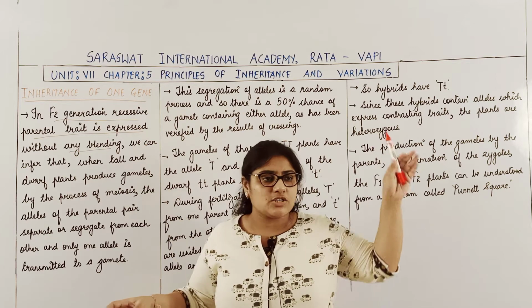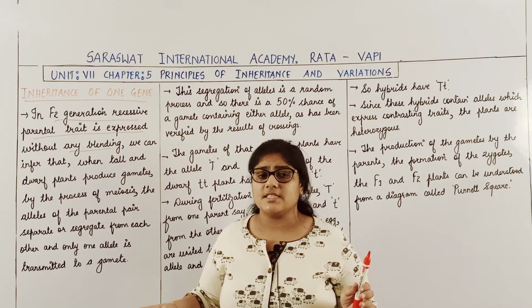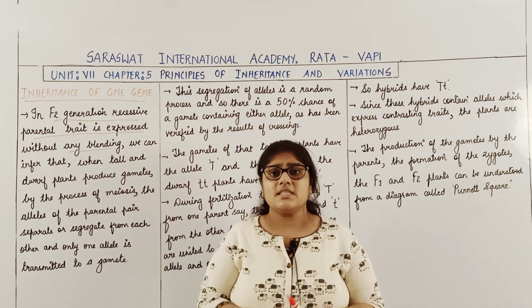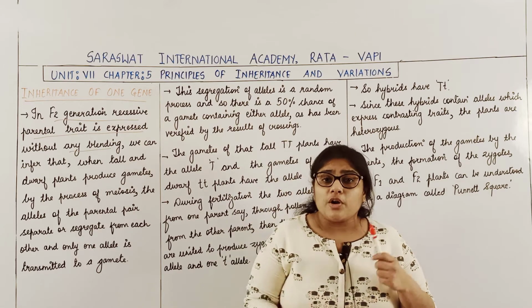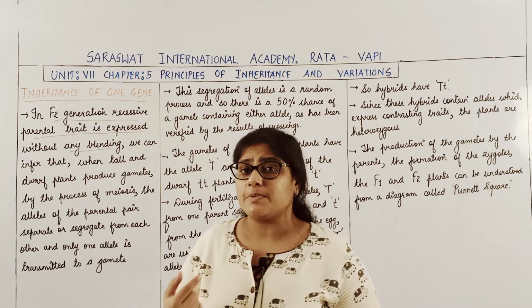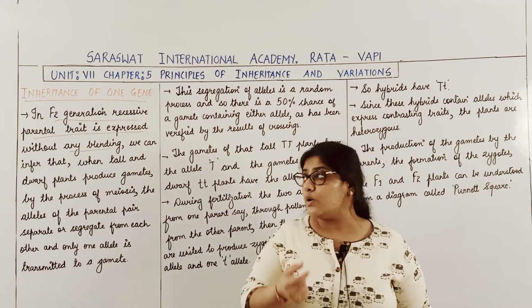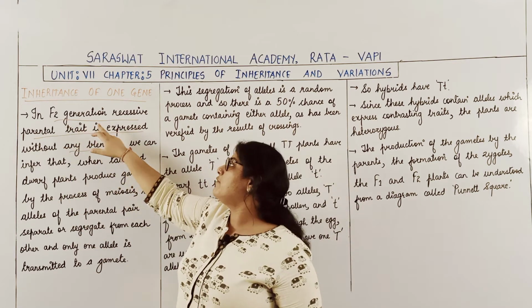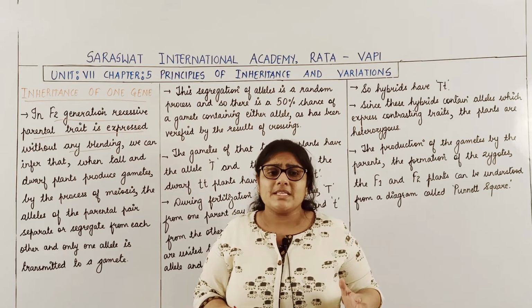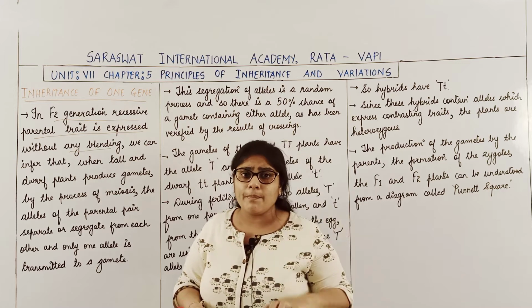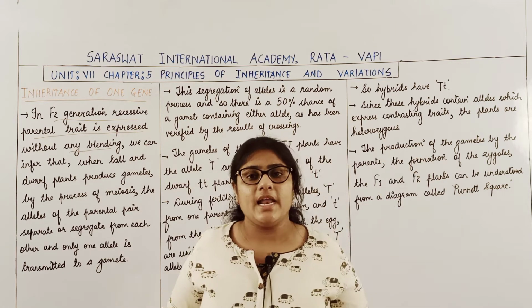Either all the plants were tall or they were dwarf. They were as tall as the parent and as dwarf as the parent. None of the plants were in between height. So the dwarfness character expressed in the F2 generation was without blending. Blending means mixing, and no mixing means there were no plants having a height in between tall and dwarf.